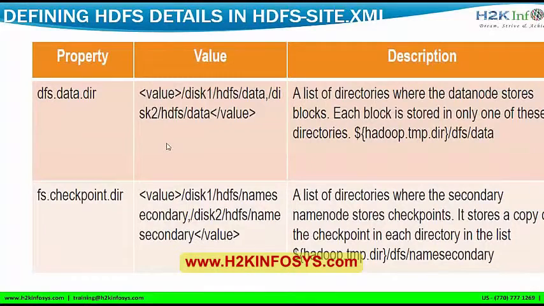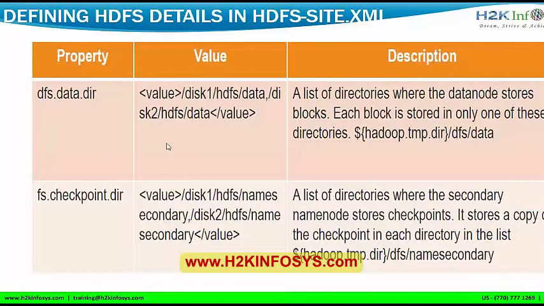As I told you, in a typical cluster I would be copying the name node or master node data into different disks. In order to maintain a RAID-like property, I will be copying those values to 2 or 3 different directories. Here he is copying the values to disk1 hdfs data, and again the same value is copied to disk2 hdfs data.